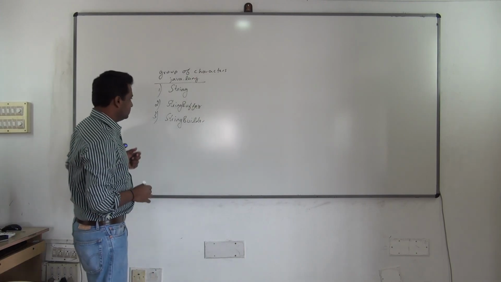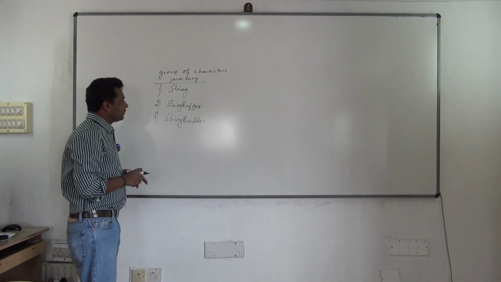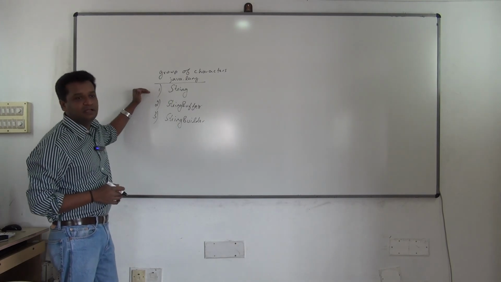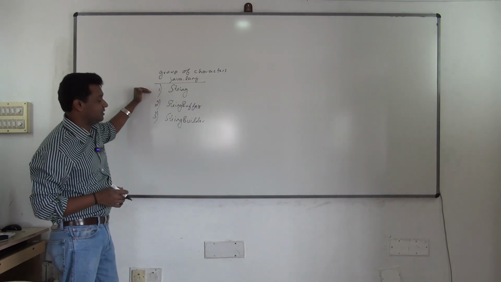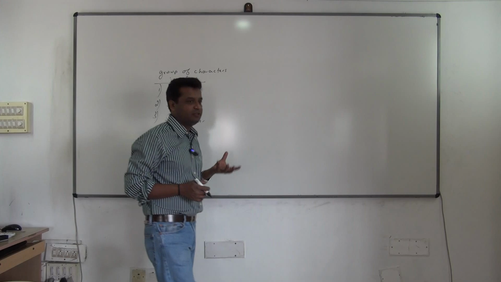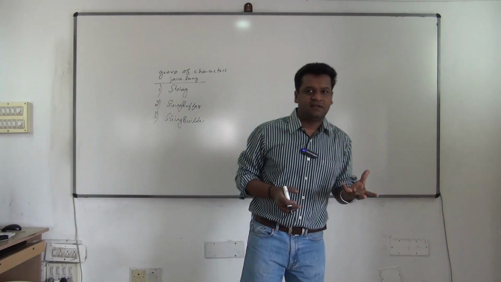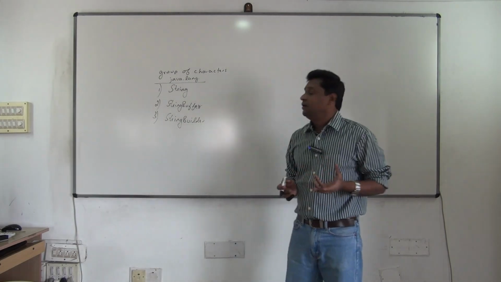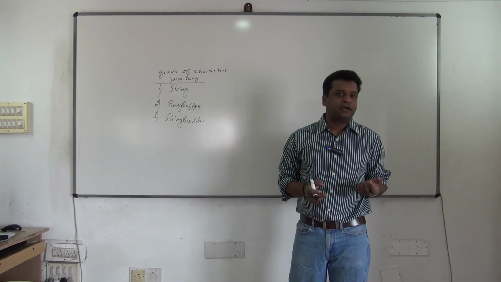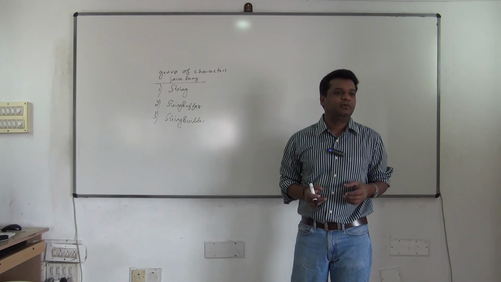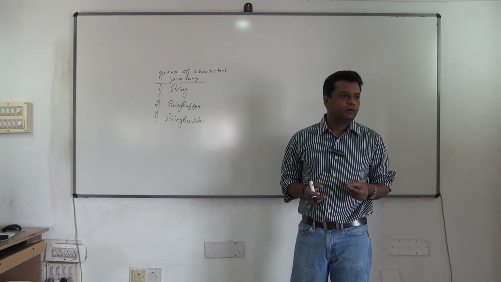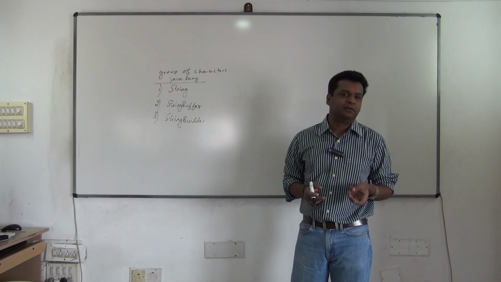Yesterday we saw the String class. What is the String class? It is used to work with a group of characters, and String objects can be created with the new operator and without the new operator. It has plenty of utility methods.